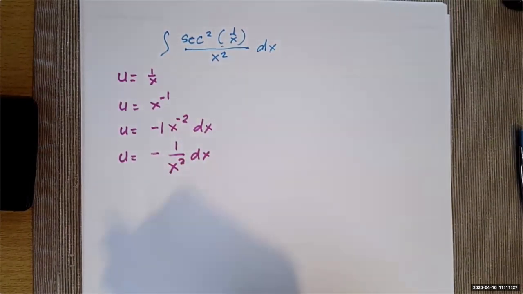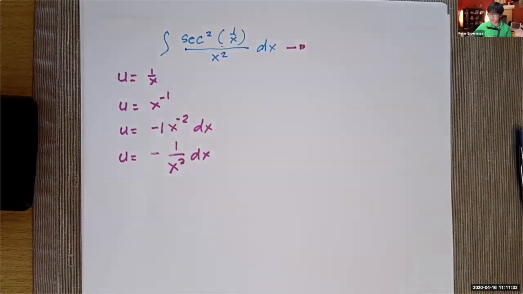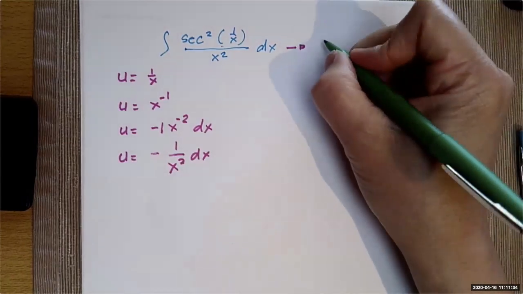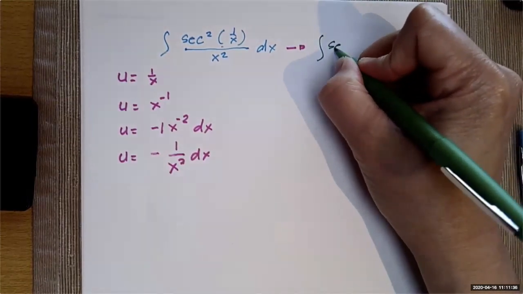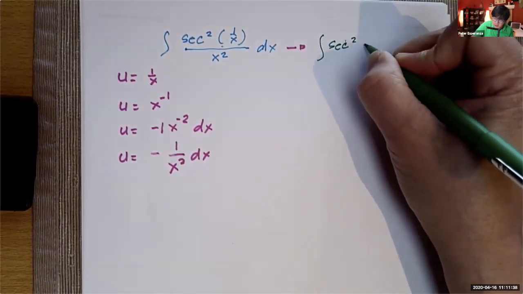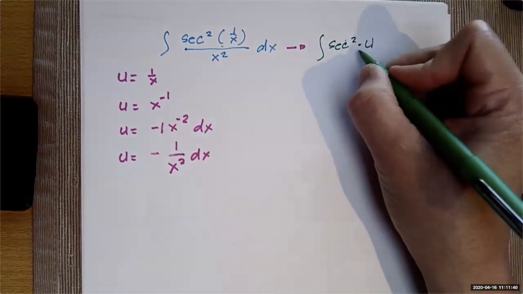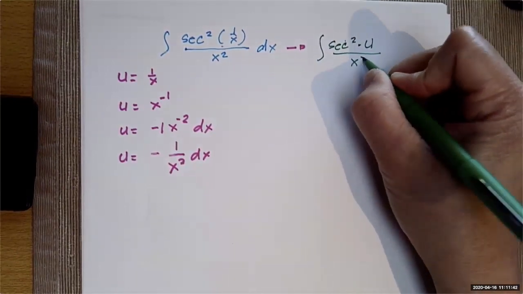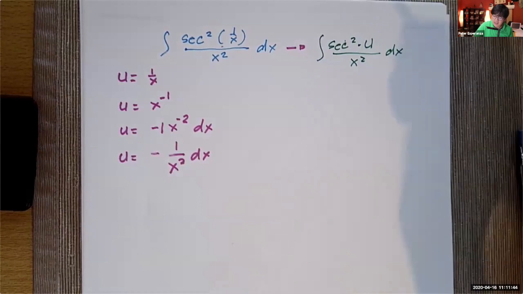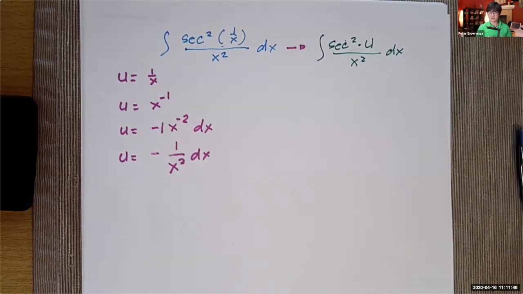Yep. Okay. Now I'm ready to modify my original function and put it into the integral of secant squared u over x squared dx. Now, what do you notice? Or are you not noticing anything?